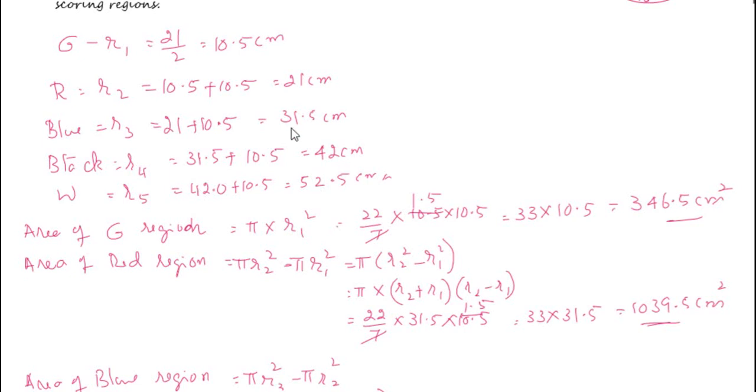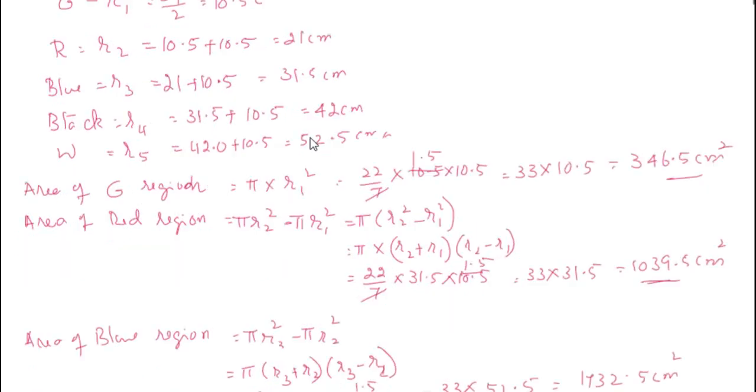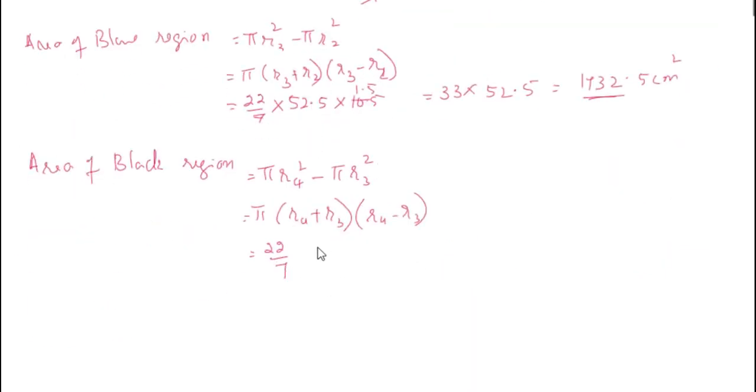R4 is 42. R3 is 31.5. So this is 73.5. R4 plus R3. So 73.5 into R4 minus R3 is 10.5. 7, 1.5 times. This is 33 into 73.5. This comes to 2425.5 centimeter square.